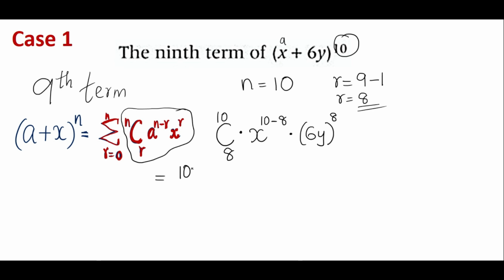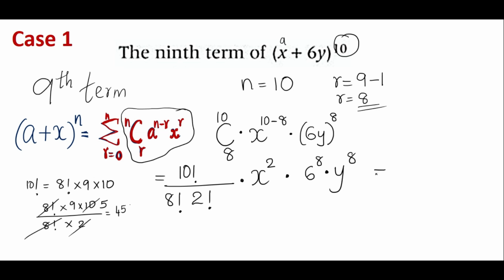10C8 can be written as 10 factorial divided by 8 factorial times (10 minus 8) factorial. So 10 minus 8 factorial is 2 factorial, multiplied by x to the power 10 minus 8, which is 2. I have 6 to the power 8 multiplied by y to the power 8.